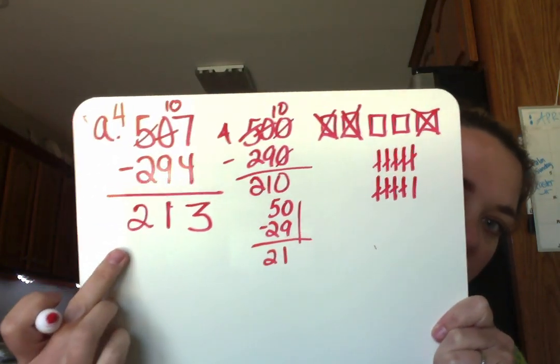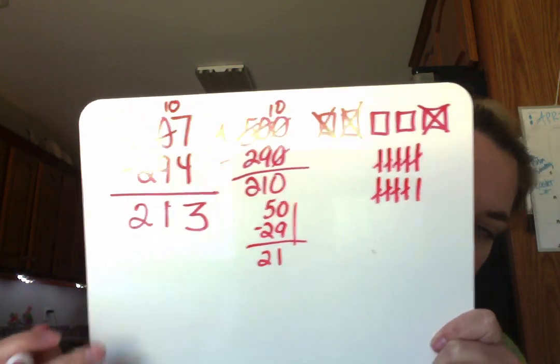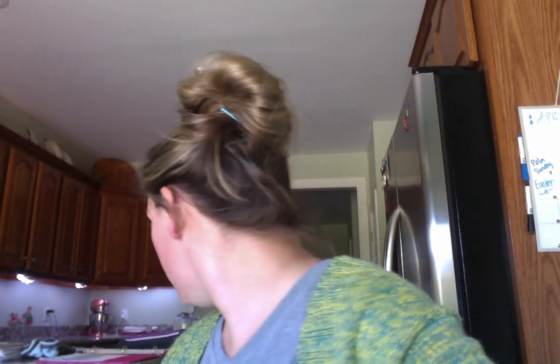So now I have 210. So my answer, because I already took care of the numbers in my ones place, is going to be 213. Strongly suggest drawing the picture. The picture is going to help you the most.